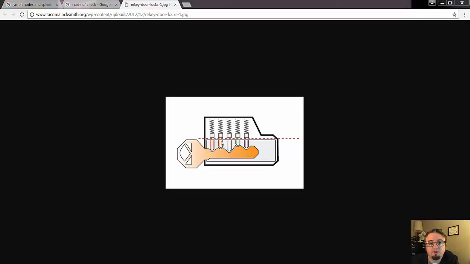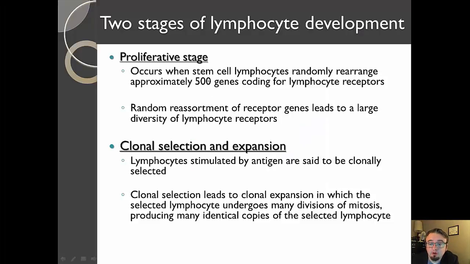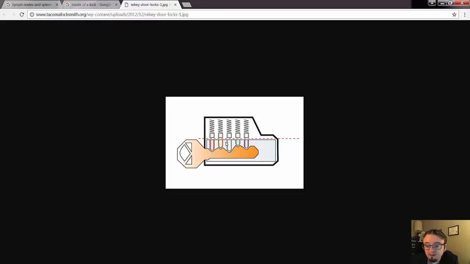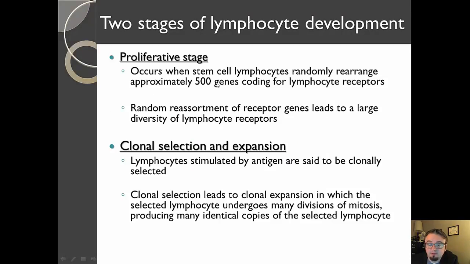With these alone, we could probably get maybe 100 different combinations, and that's with just 5 different components. What our body does is it takes 500 different components, each similar to what you see here with each of these different colors. It takes 500 of these components, in this case in a biological context, and rearranges them in a much wider variety of ways.